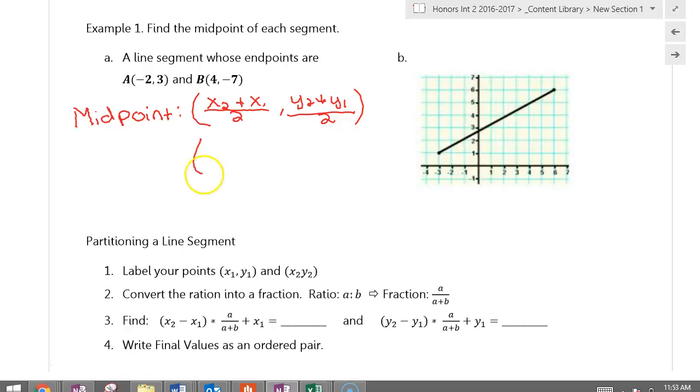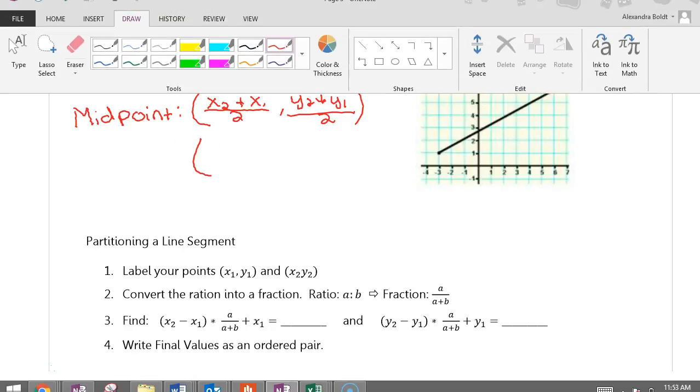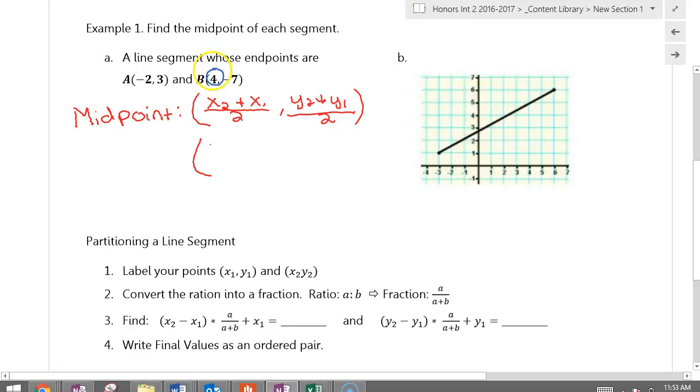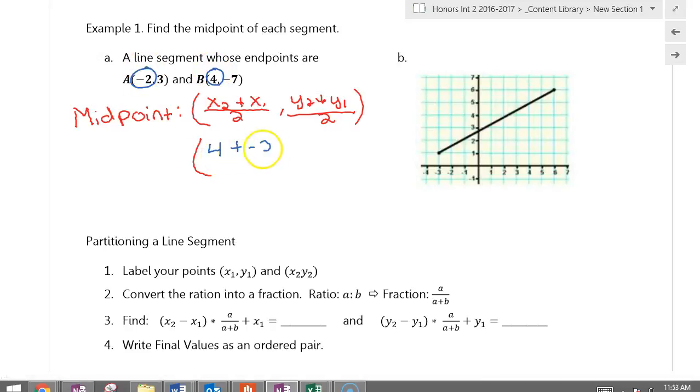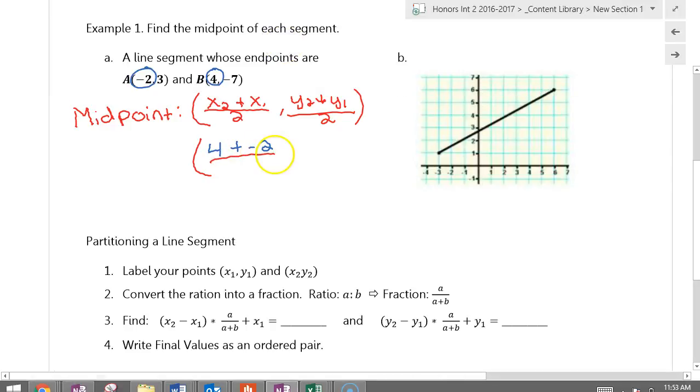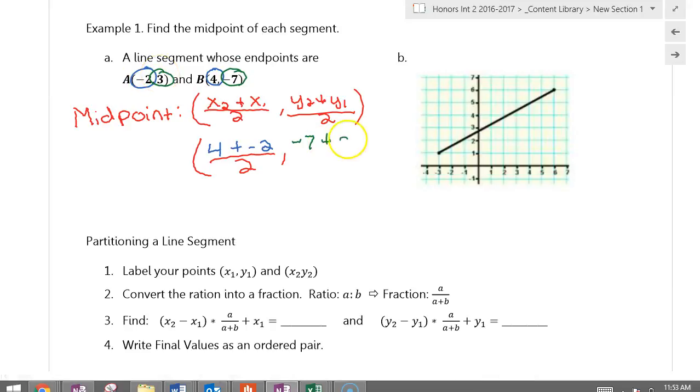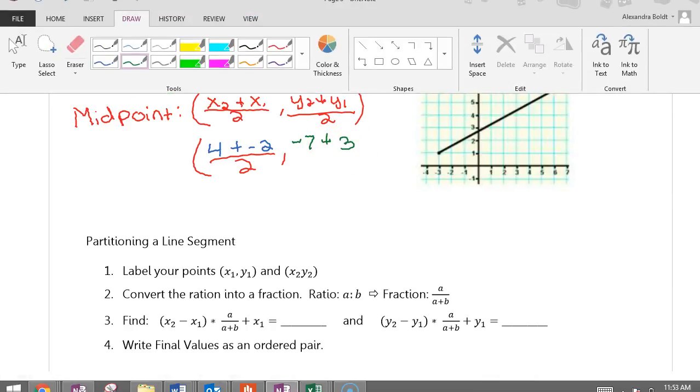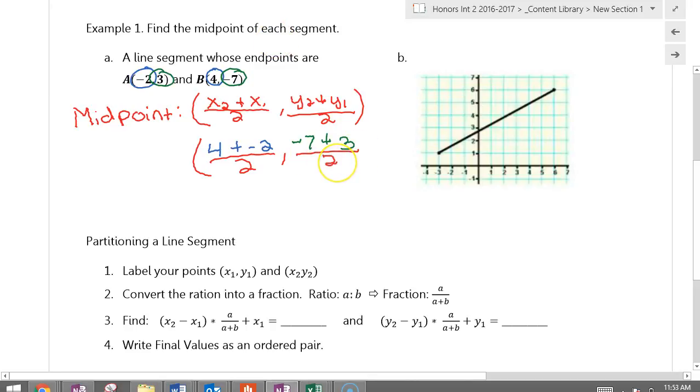So then my second x is 4. My first x is -2. So 4 plus -2 all over 2. My second y is -7. My first y is 3, all over 2.